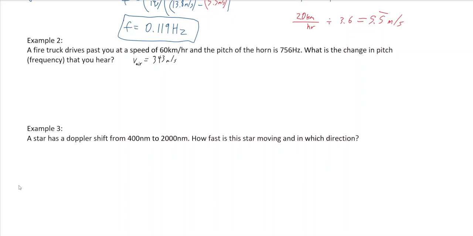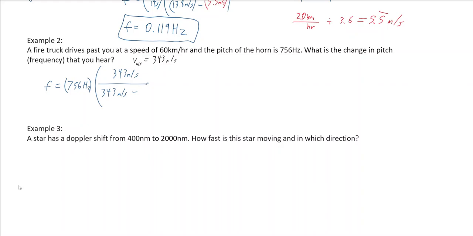Okay, so now that we have that, we're going to go ahead and try to solve this. So the pitch of the source is 56 hertz. Okay, and then we want to use the speed of sound, which is 343 meters per second. We're going to put that also on the bottom.